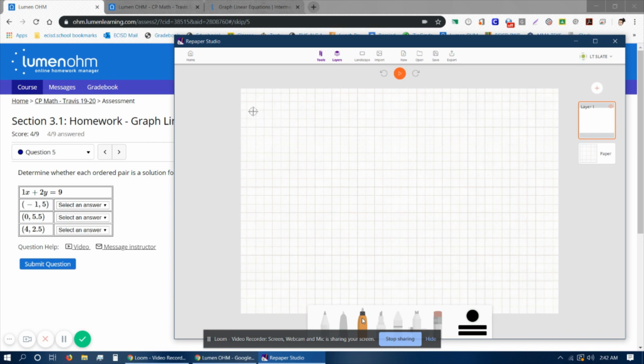So if I set up with my first ordered pair, I'll have 1 times negative 1 plus 2 times 5 equals 9. And I want to figure out if this is a true statement or not.